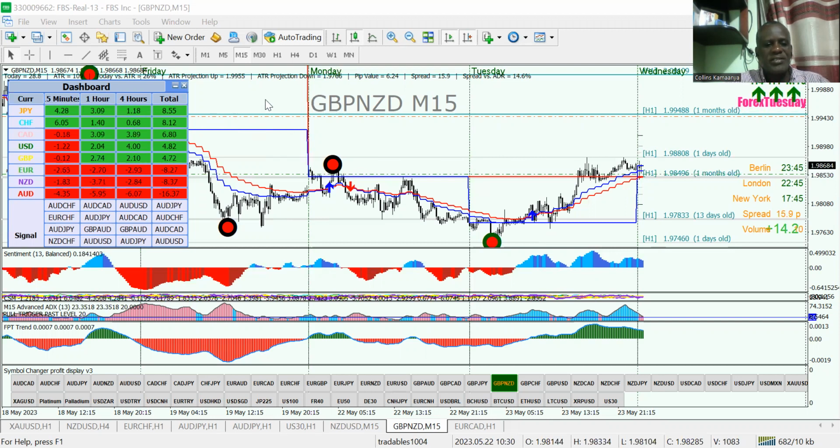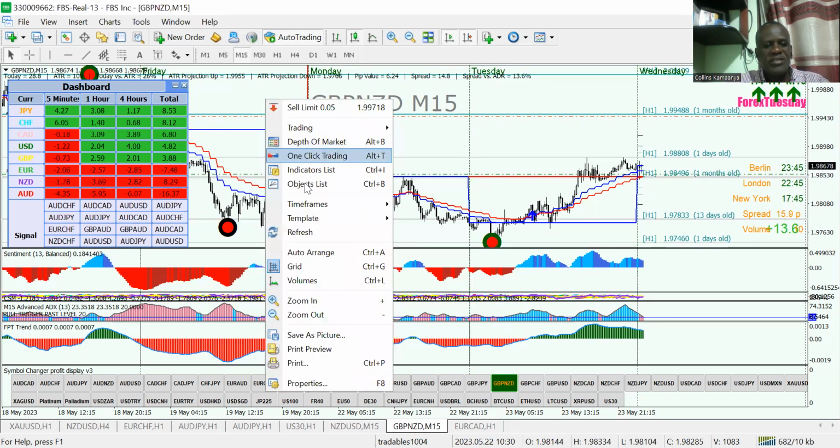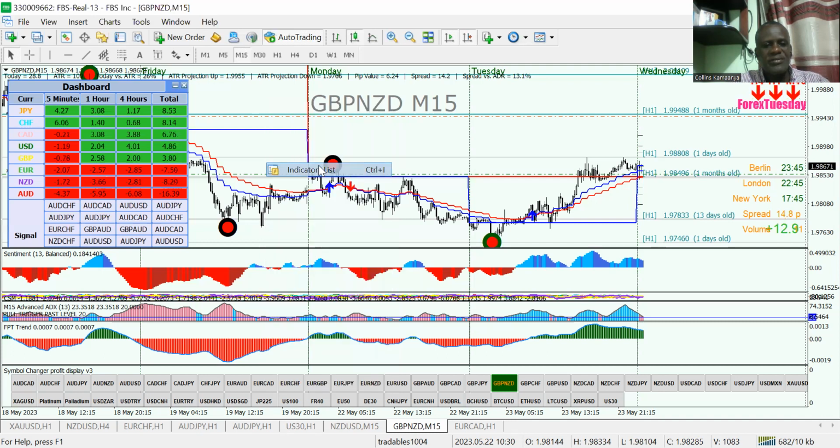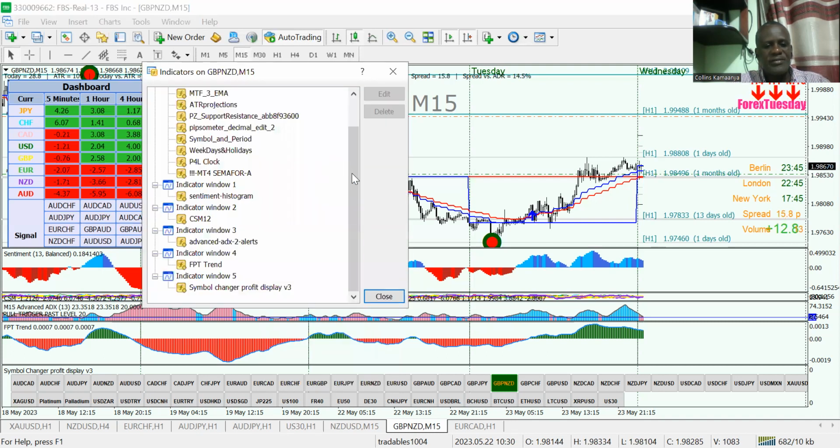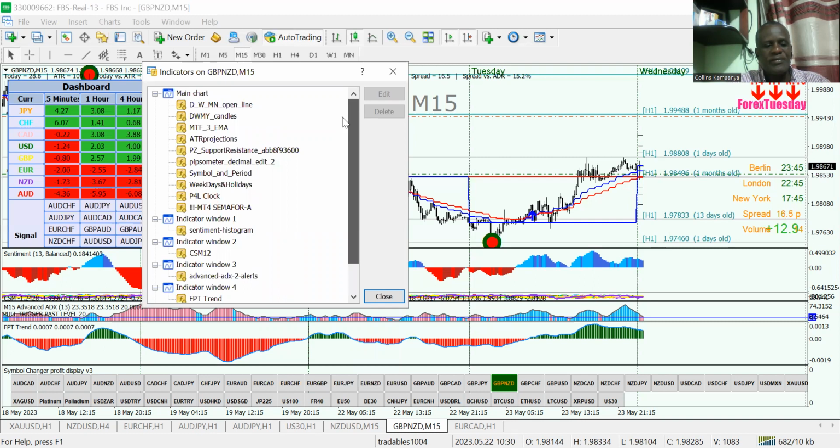our user indicators. Let me pop up the list. Yeah, here they are. The two pen lines are here.